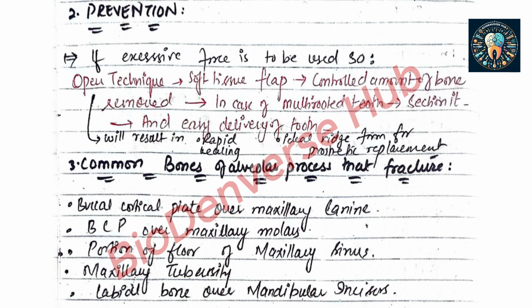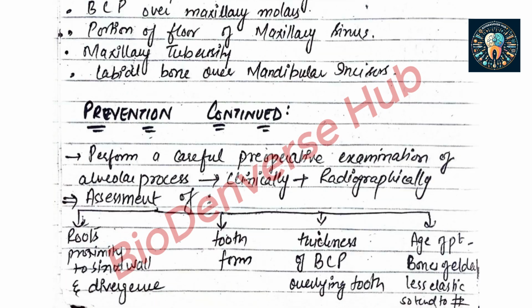So as far as the prevention is concerned, we need to perform a careful preoperative examination and assessment of the alveolar process both clinically and radiographically. In that regard, we first need to assess the roots, we need to assess the proximity to the sinus wall or its divergence.